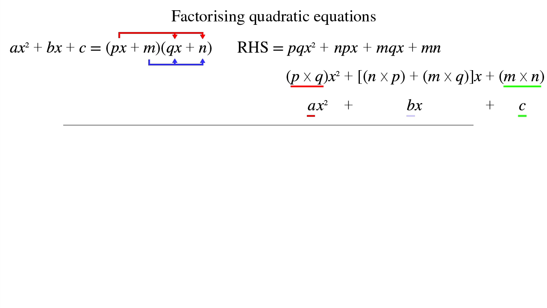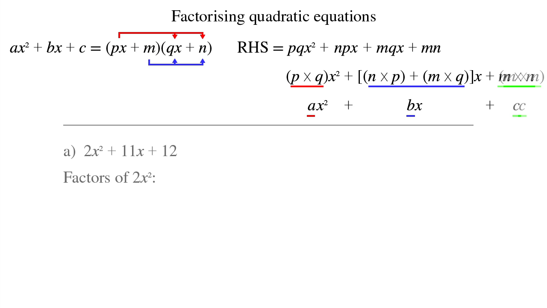We have that b is equal to pn plus mq, so b depends on p, q, m and n. So we must consider possible factors of a, the coefficient of x squared, and also possible factors of c, the constant term, and how they interact in order to give b, the coefficient of our middle term.